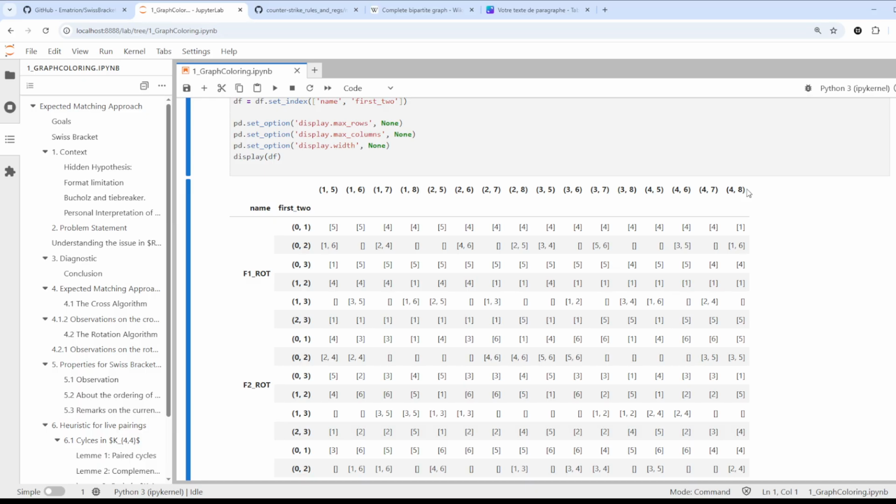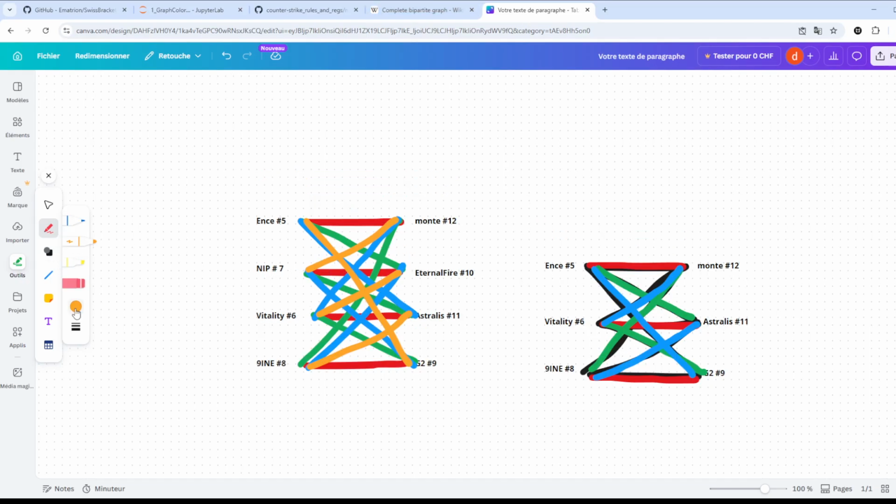Each column is a tournament situation. It tells you which teams have been qualified and eliminated. For example, 3, 6 is our situation. You just have to write 1, 2, 3, 4, 5, 6, 7, 8.